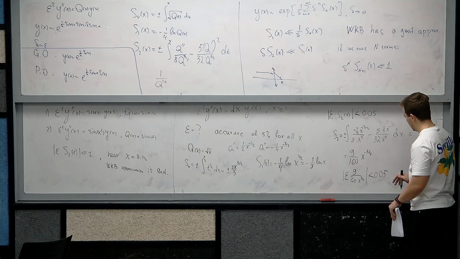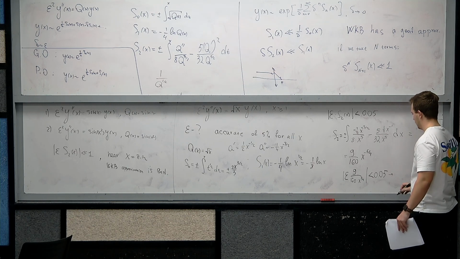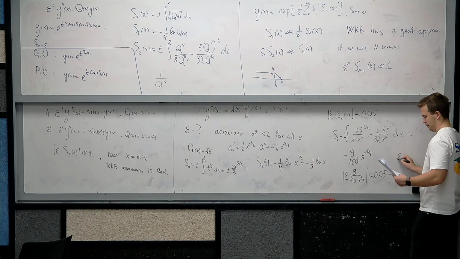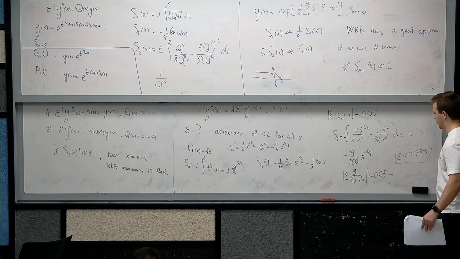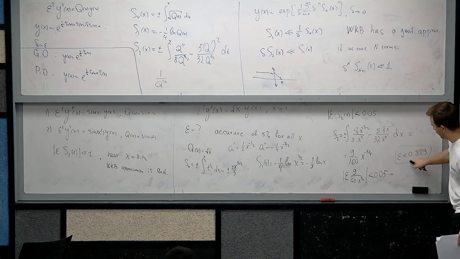And that's why epsilon is smaller than 0.9.